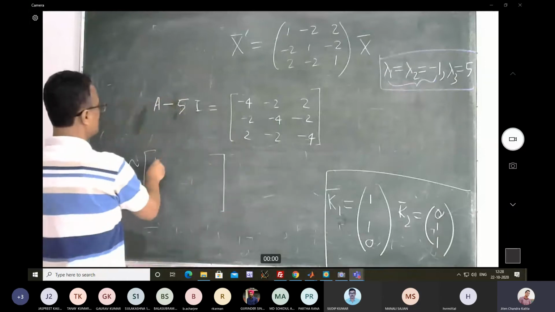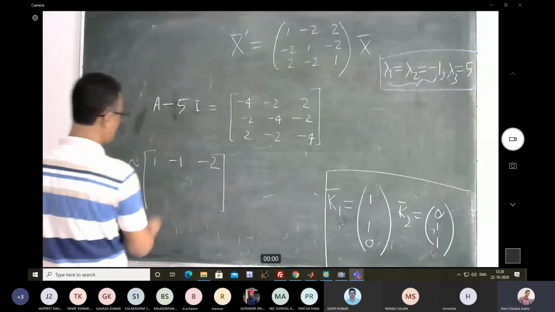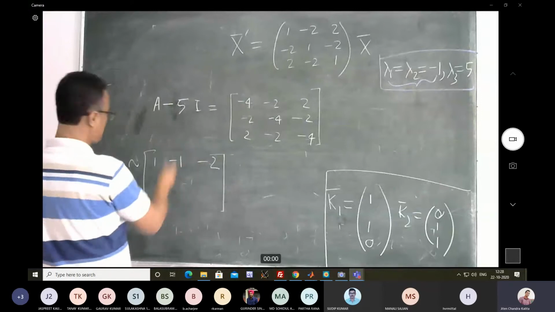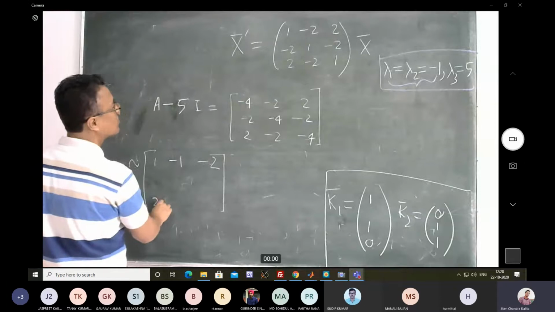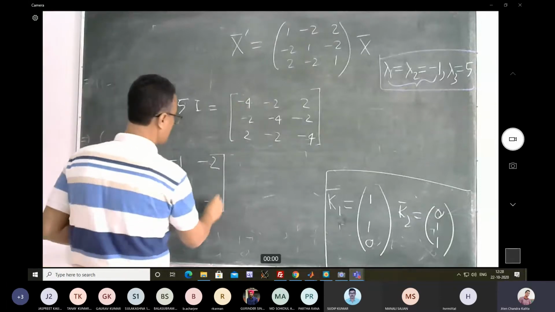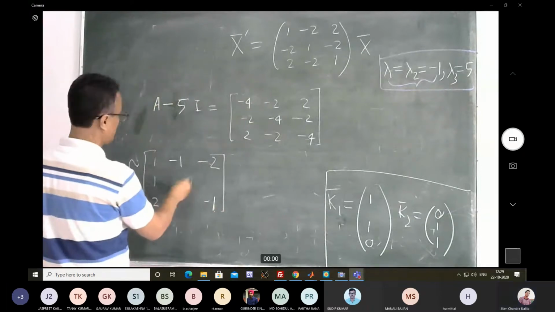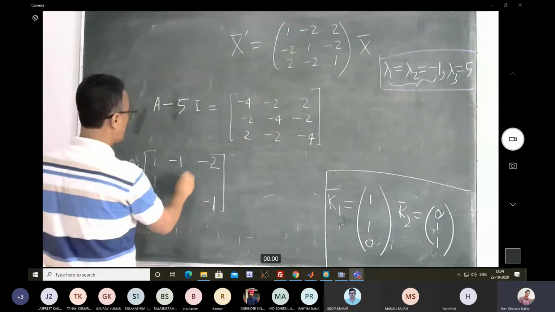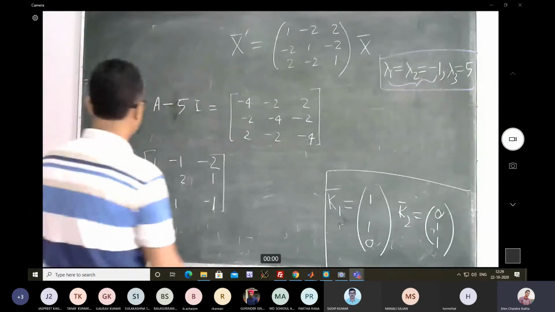So 1 -1 -2, and then this below, let me make it 2, 2 1 -1, and again let me make it 1. These are all negative, right? 1 2 1. Now it will be easier for me to work it out.